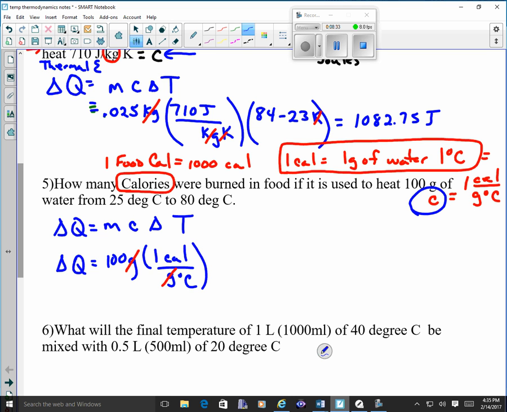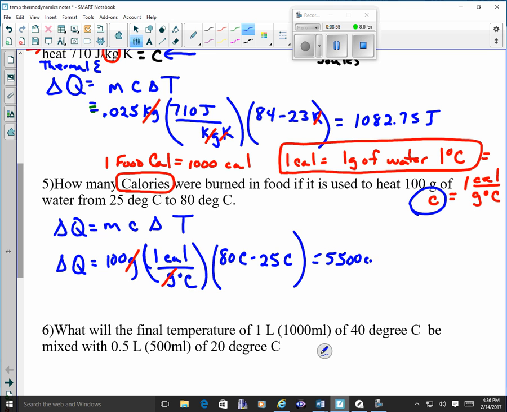Now I can also keep my temperature in terms of Celsius as well. So I'm going to take the final temperature, which was 80 degrees Celsius, minus the 25 degrees Celsius. And when you put all this together, you end up getting 5,500 little calories.